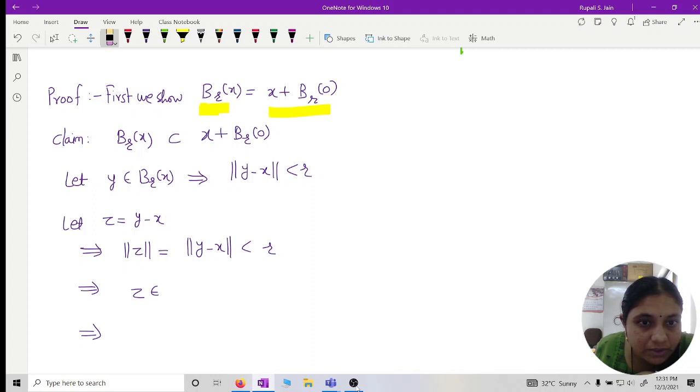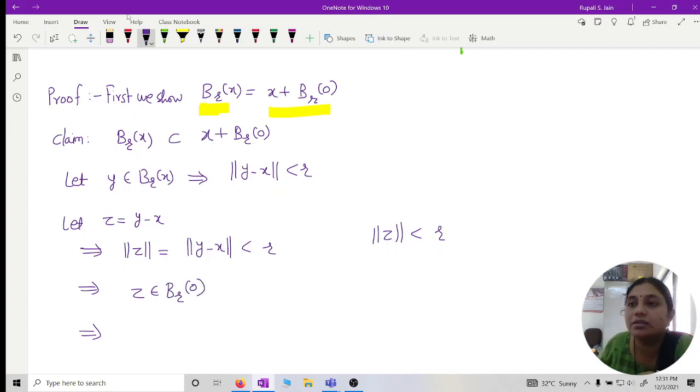Y belongs to B_R(x) means norm of y minus x is less than R, but z is different. Norm of z is strictly less than R. What is the center here? The radius is R, and the center is 0. So what will that ball be? B_R(0). So this implies y is equal to x plus z, where z belongs to B_R(0), that means y belongs to x plus B_R(0), right?